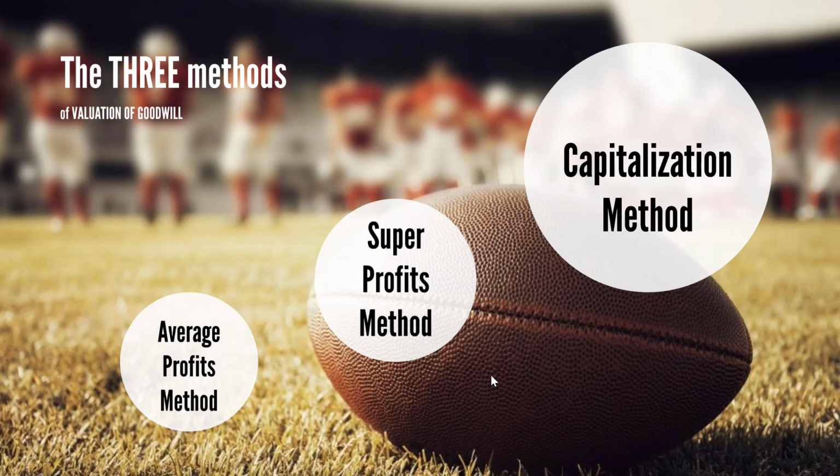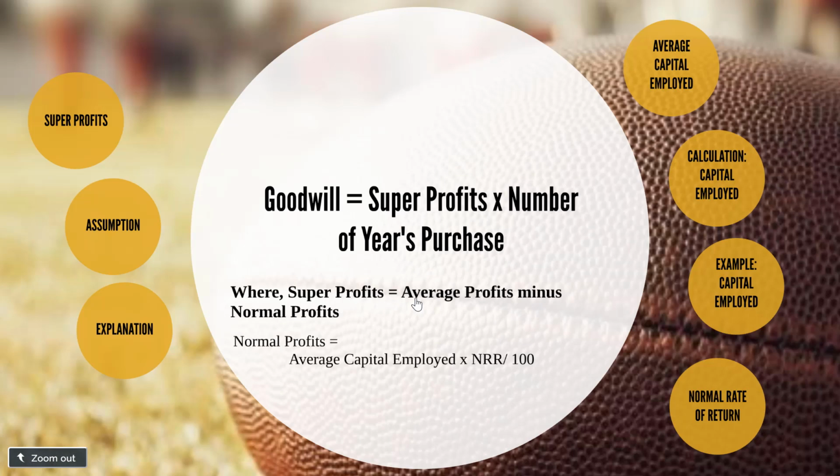So let's go on to the super profits method. Now under the super profits method, value of goodwill is equal to super profits into the number of years purchase.